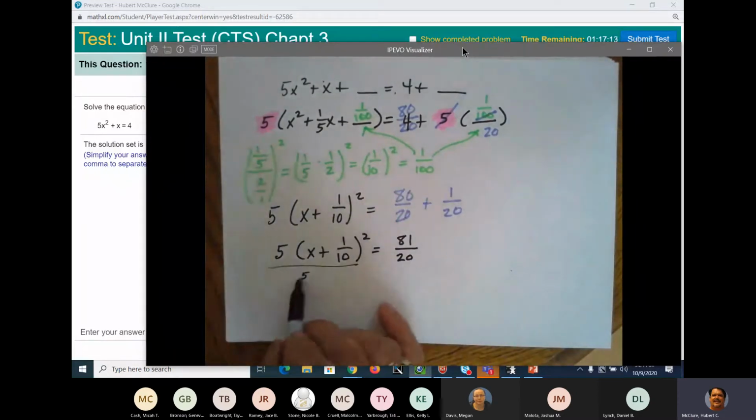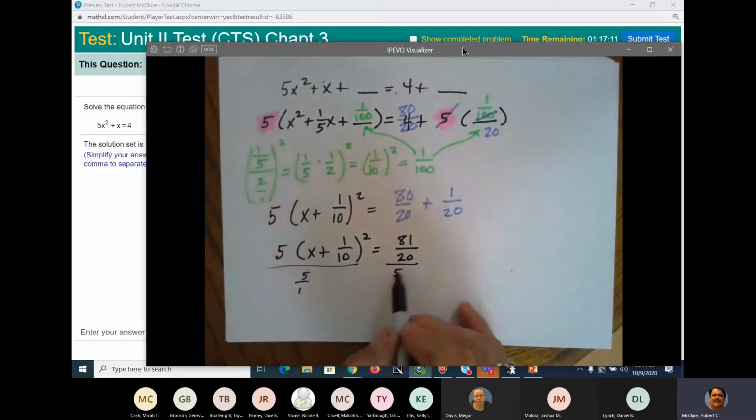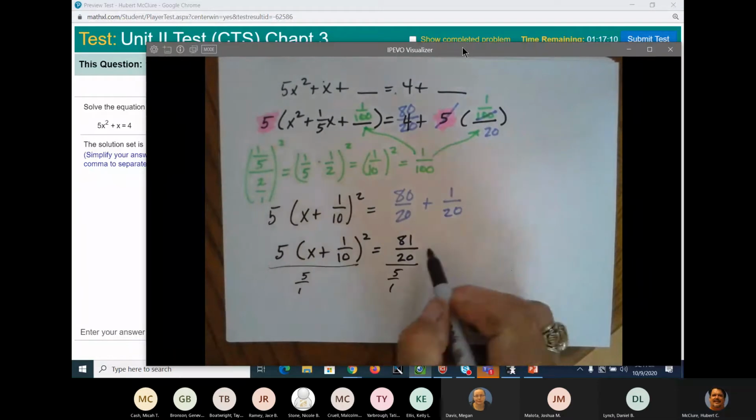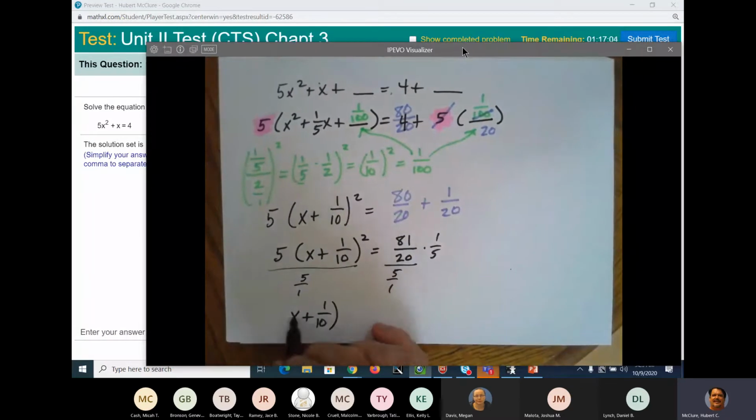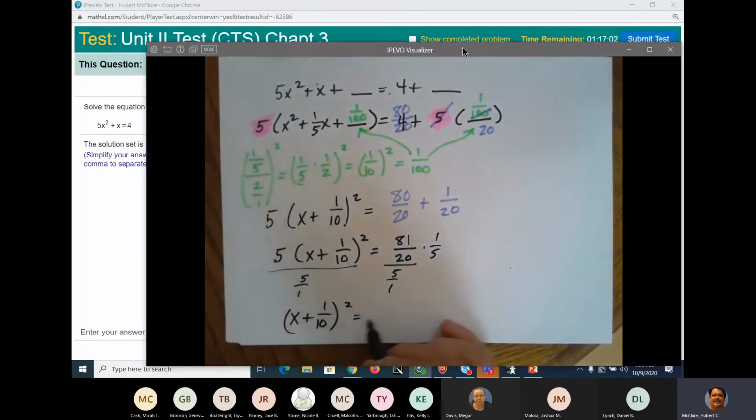Divide by 5. Multiply by 1/5. X plus 1/10 squared is equal to 81/100.